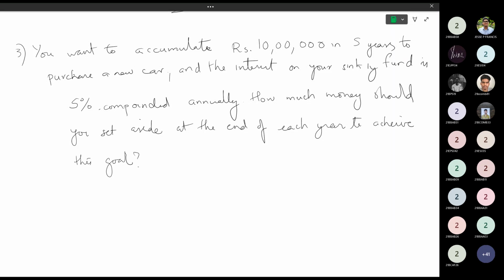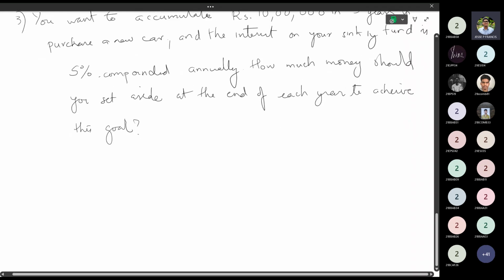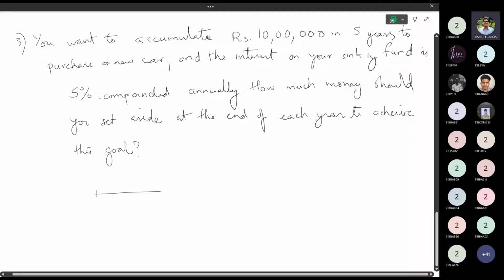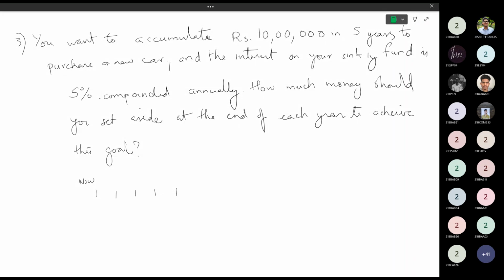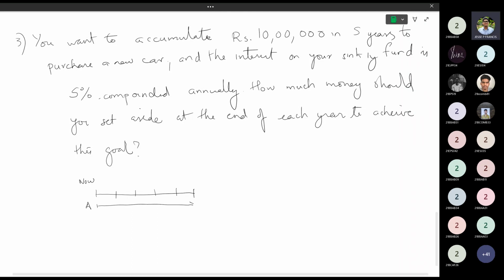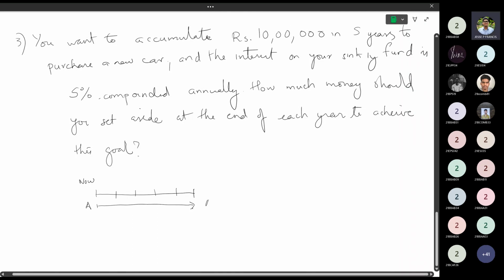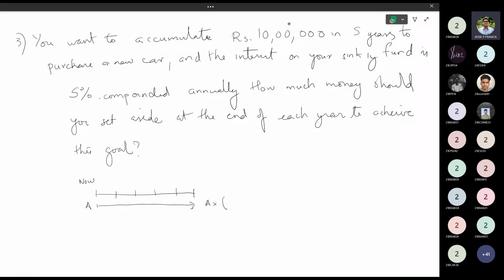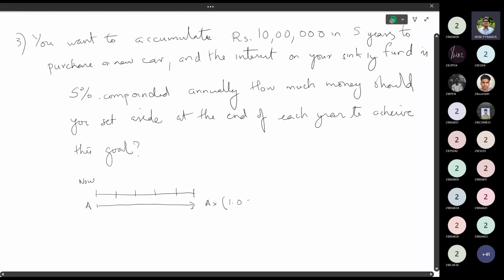Okay. You need it in 5 years. Therefore, starting here, now 1, 2, 3, 4, and in the 5th year it should conclude. You don't know how much you should put in. Now, if you put in that amount, you'll get A into your interest here is 1.05, and it will be there for 5 years.